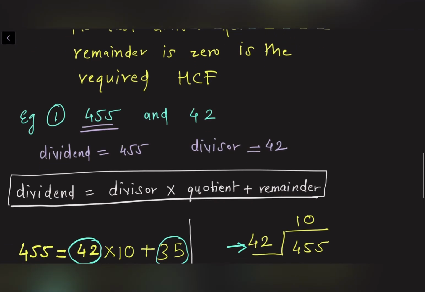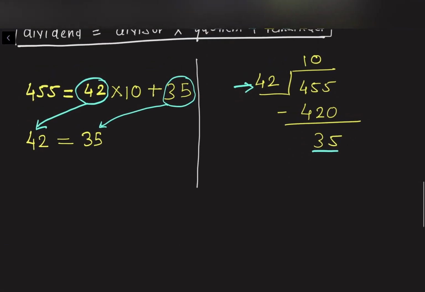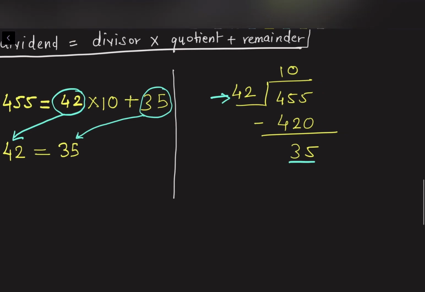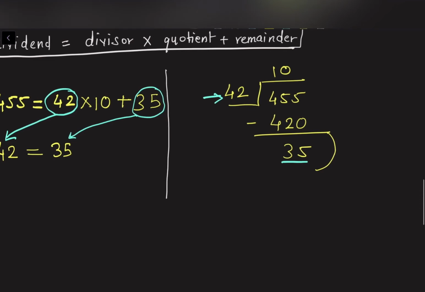So let us apply division to the new divisor and new dividend. New divisor is 35 and new dividend is 42.